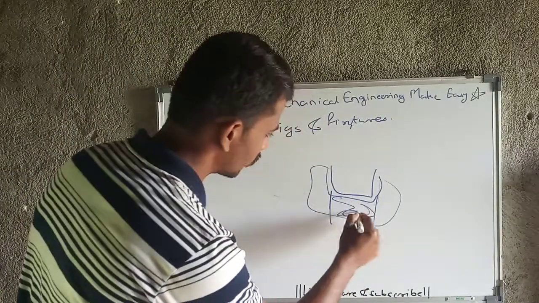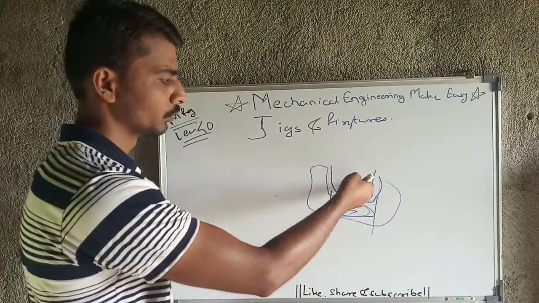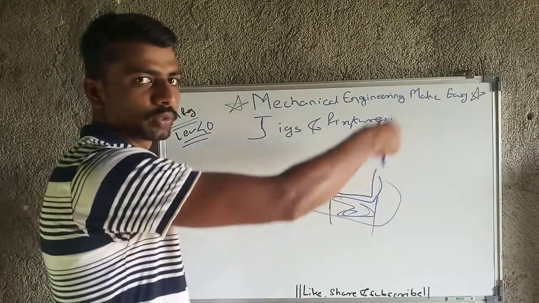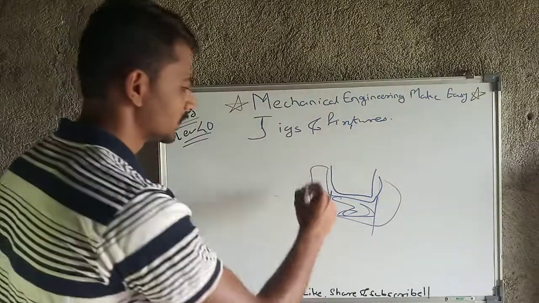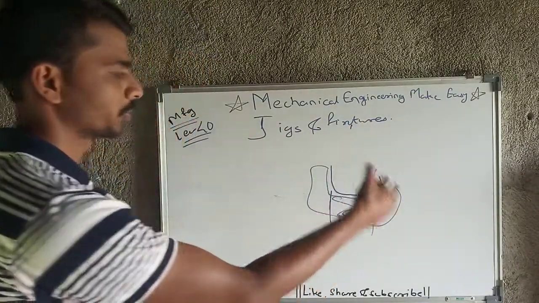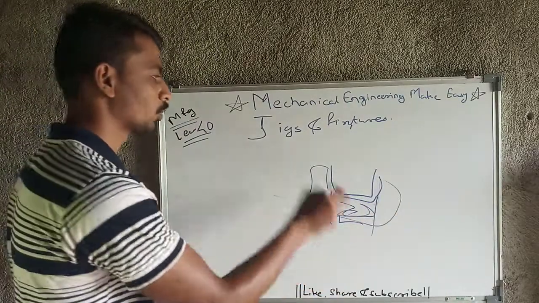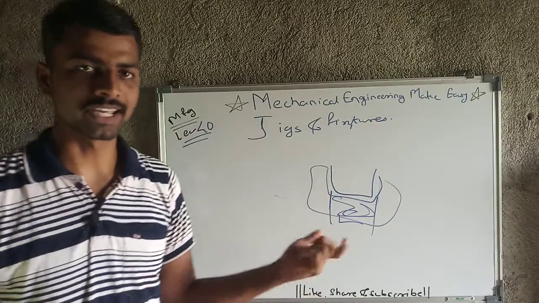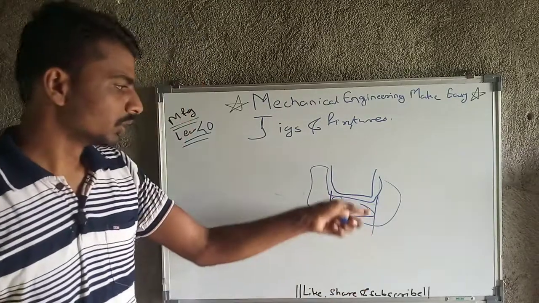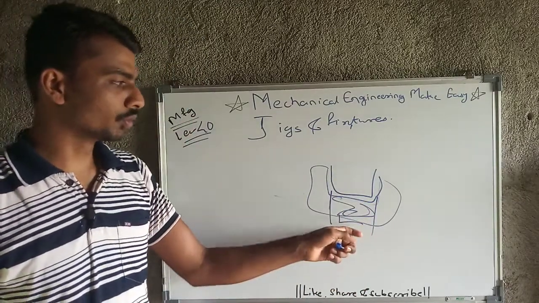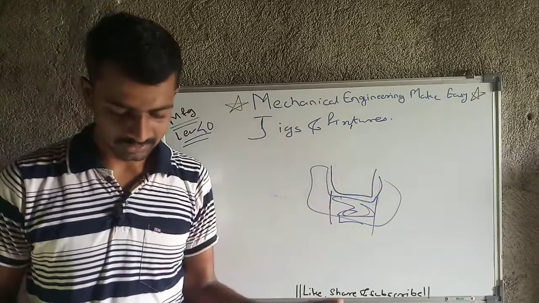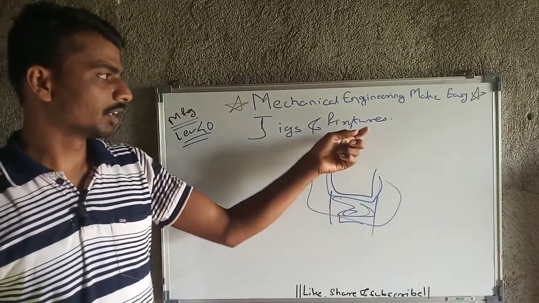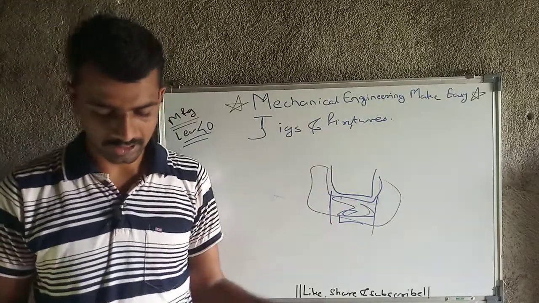This portion will move upward, and we are able to remove this workpiece. This is a very special provision for special requirements, and we can provide it with jigs and fixtures. A die is also one kind of jigs and fixtures mechanism. So what I have explained to you, easy removal of workpiece, is the plus point of using jigs and fixtures.